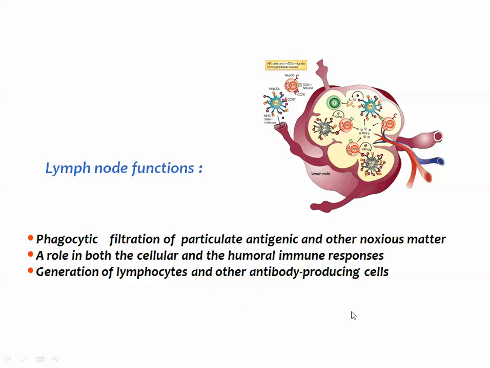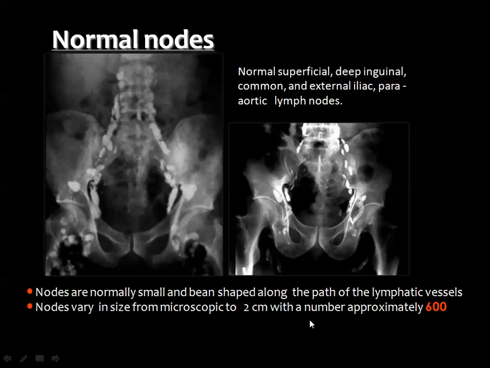Then you remember we talked about lymphography, and we said that we inject the contrast material, which is lipiodol, in the lymphatic vessel on the dorsum of the foot after exposing this vessel by a small incision.